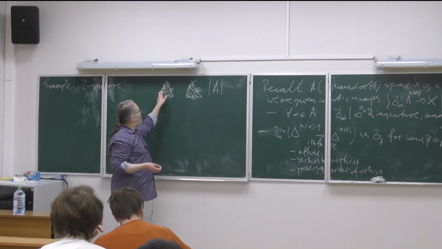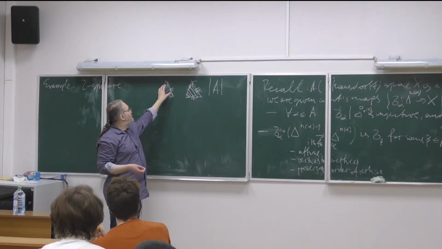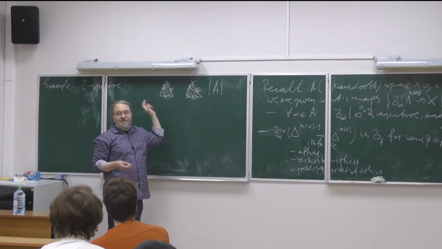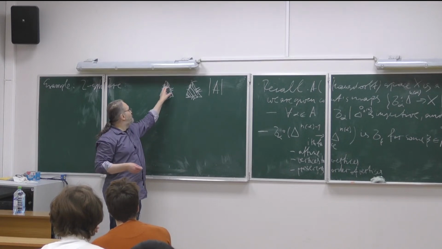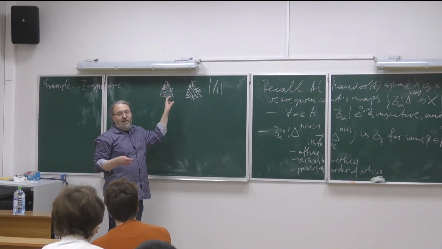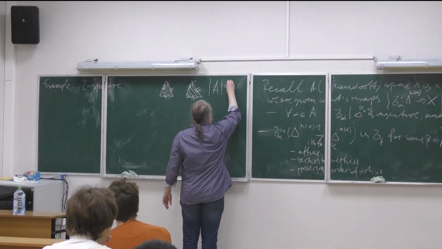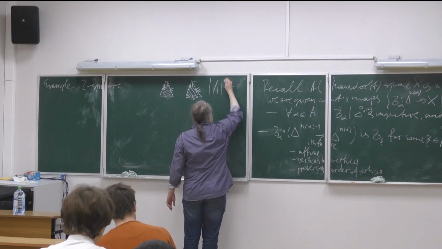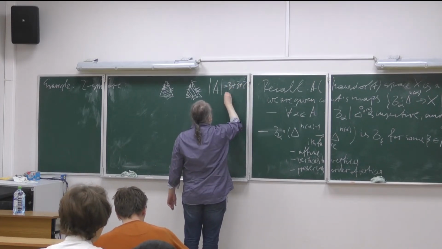Well, we have 8. We have three zero-dimensional simplices, 3 one-dimensional simplices, and 2 two-dimensional simplices. So 3 plus 3 plus 2.